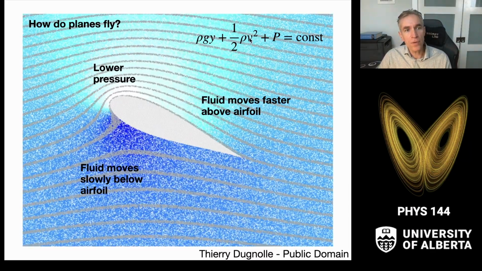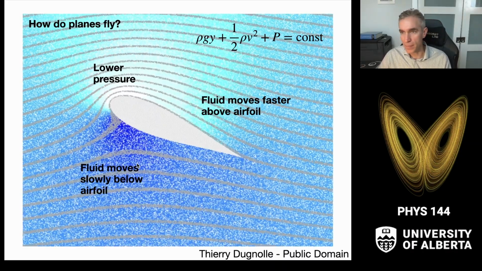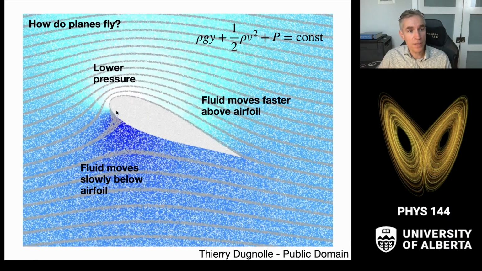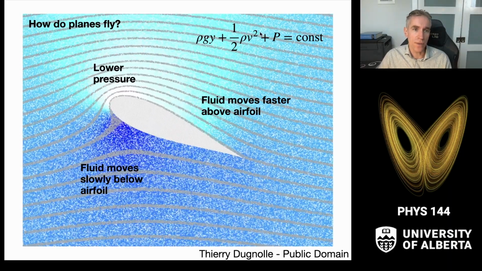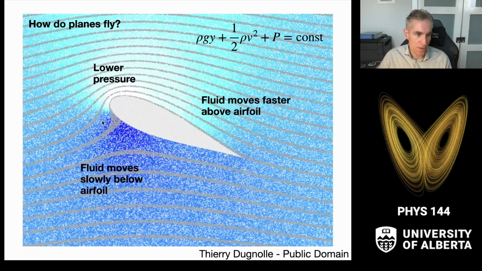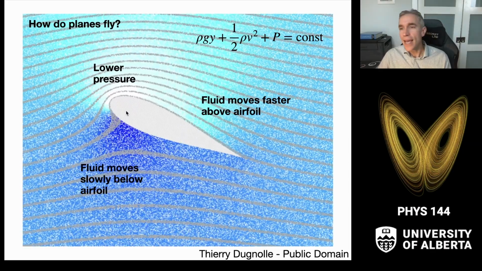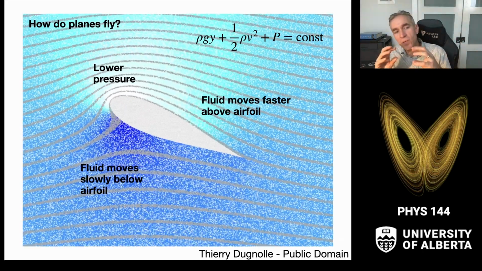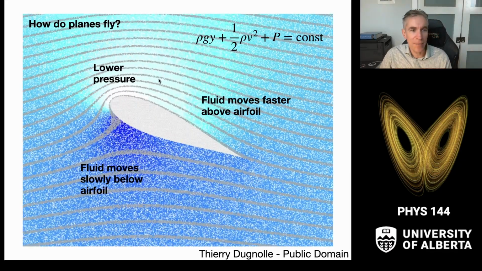And if you look at the Bernoulli equation, the gravitational potential isn't very different between the top and the bottom of the wing. But what's happening is across the top of the wing, those particles have to move rather quickly here. So the v squared gets forced up by the shape of this. This isn't a consequence of the fluid flow knowing anything about the top and the bottom.